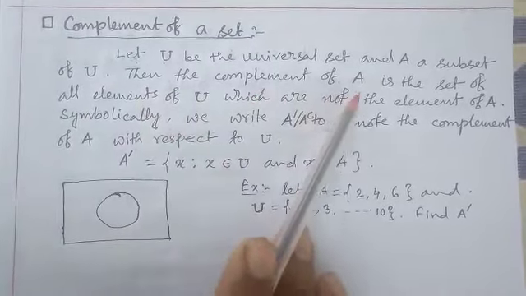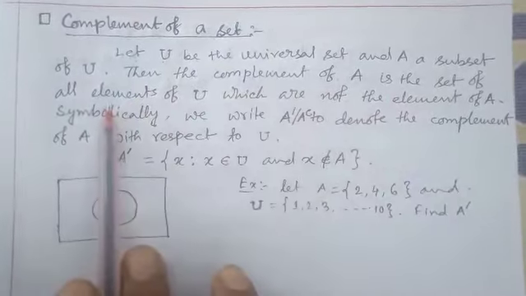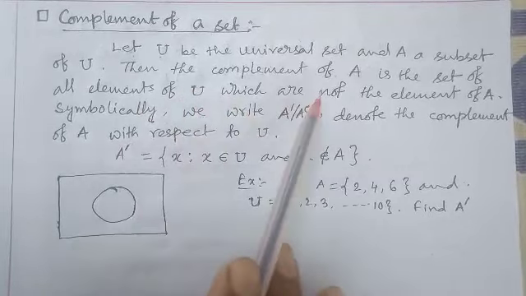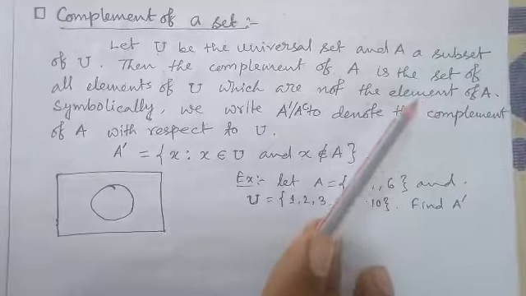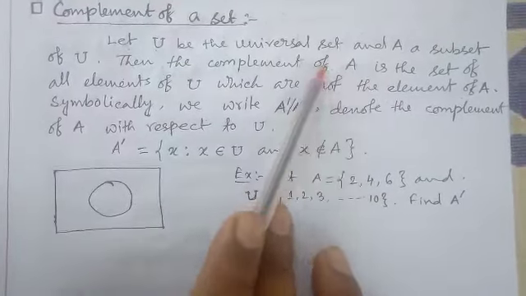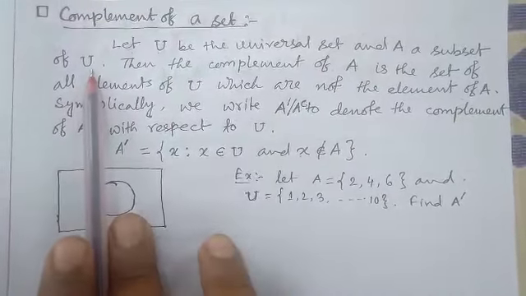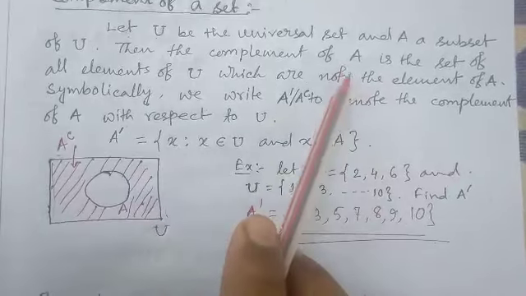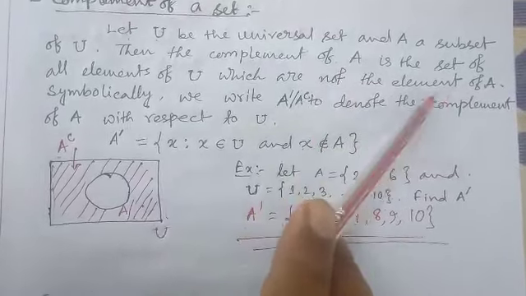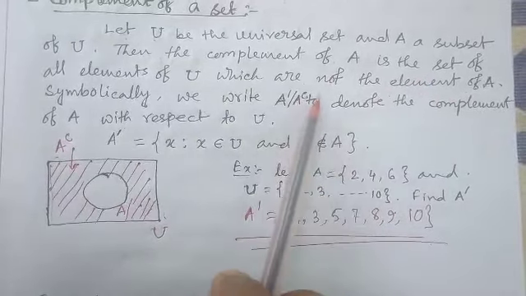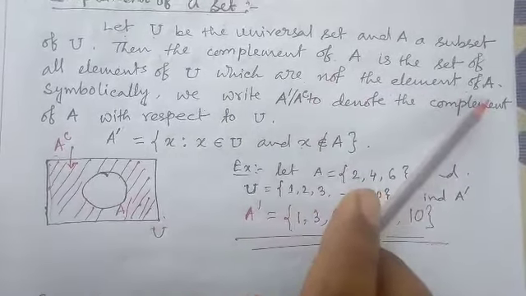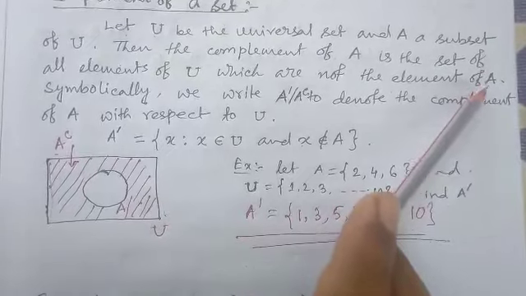Then the complement of A is the set of all elements of U which are not the elements of A. That means A's mother set is U, that means the universal set. Here A complement means the set of elements which are not the elements of A.